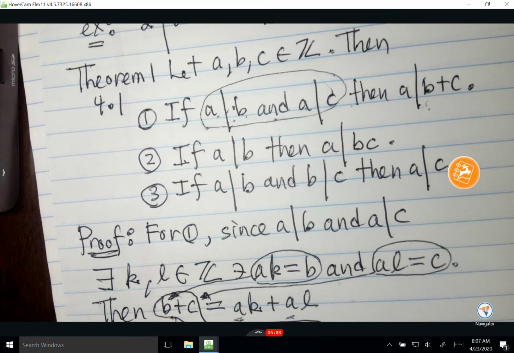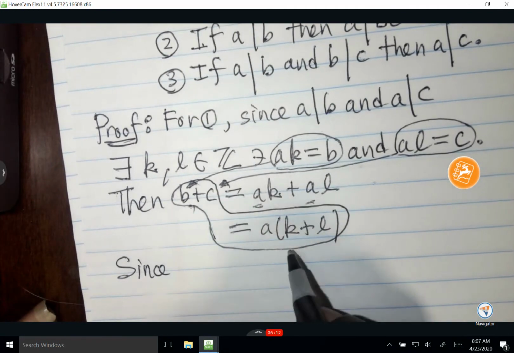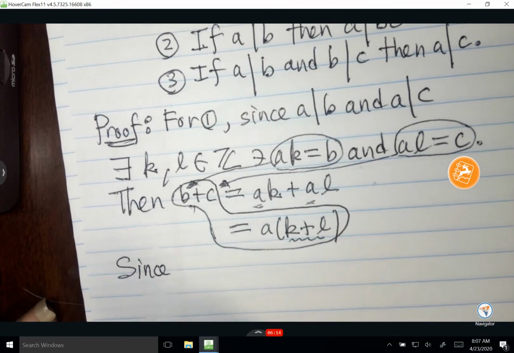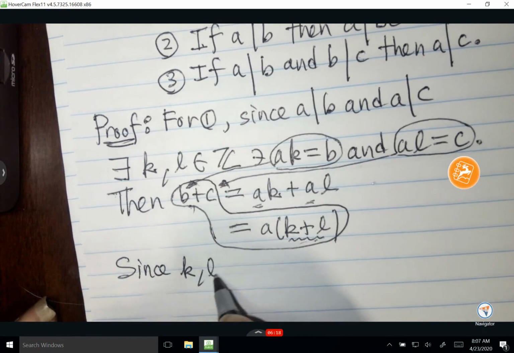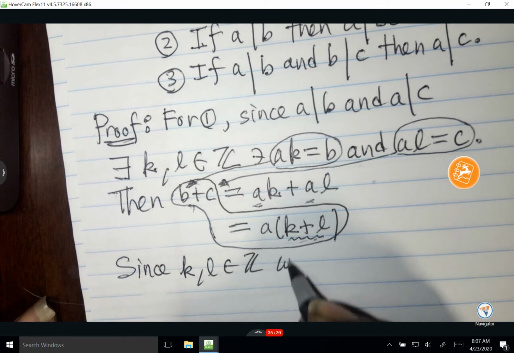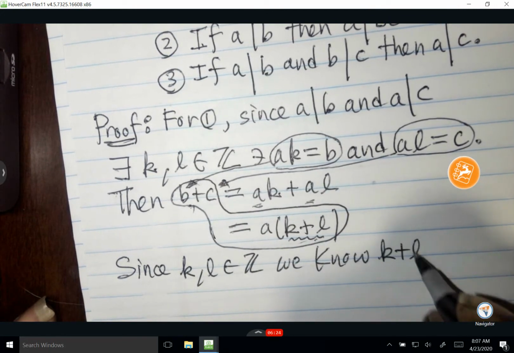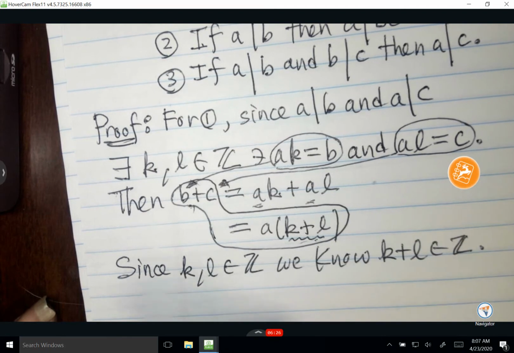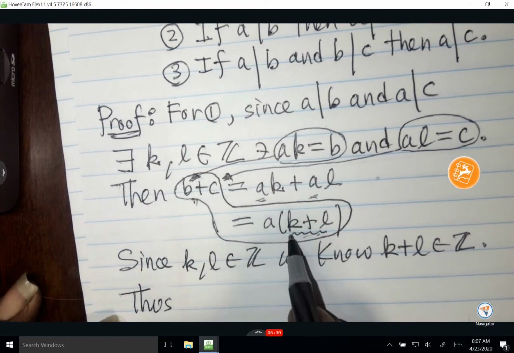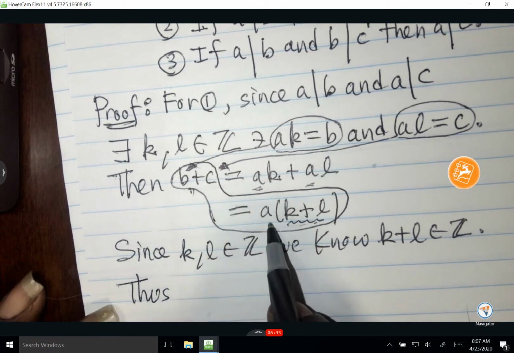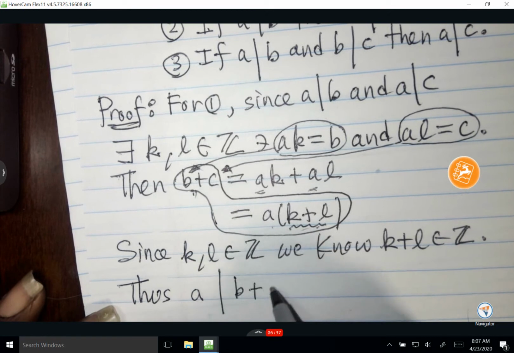Just have to make sure we explain why that's an integer. Since K and L are integers, we know K plus L is an integer. So thus, B plus C really is an integer multiple of A. So thus, A divides B plus C.